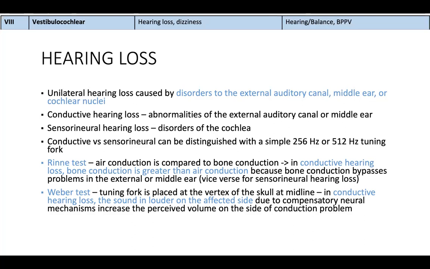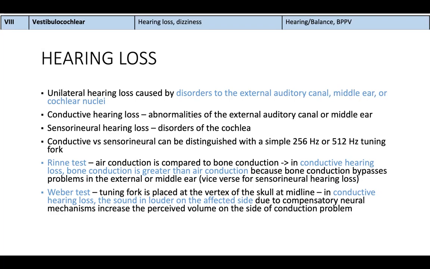So the Rinne test is for conductive hearing loss, where you hit the tuning fork. I think you get this in second semester, but you hit the tuning fork and put it to the bone, the mastoid bone, and if the bone conduction is greater than the air conduction, then that is going to be conductive hearing loss on that side.